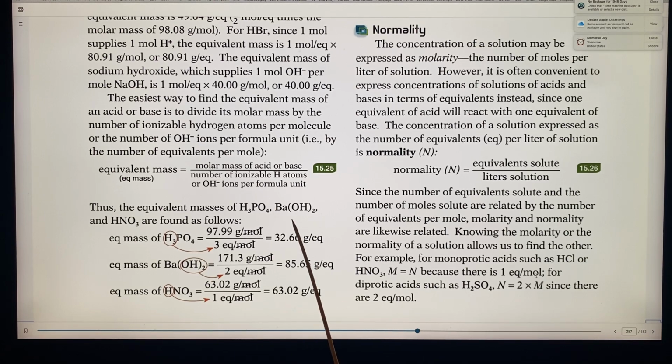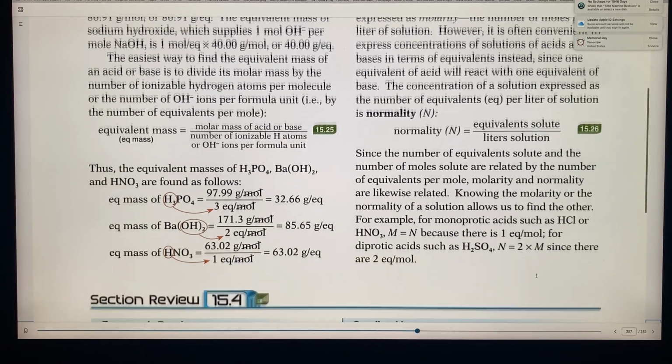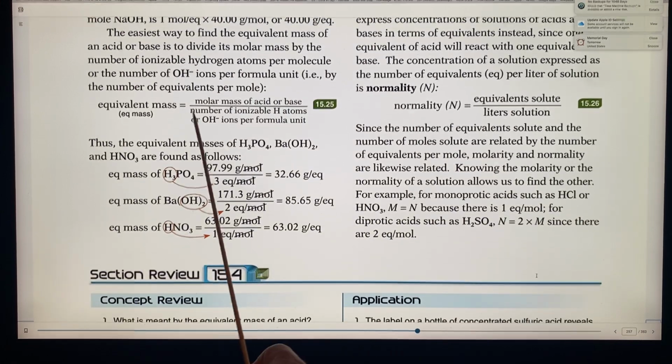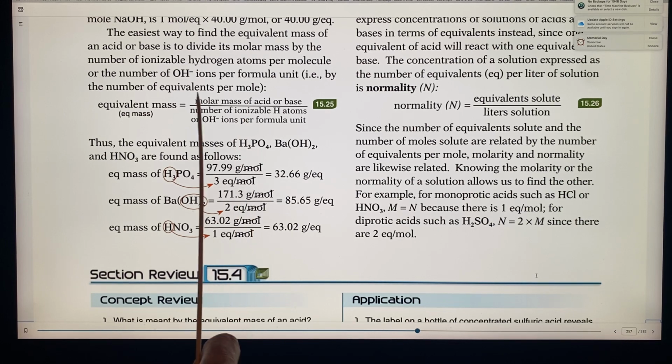Thus, the equivalent masses in these formulas, let's just go through these formulas real quick, and you can see why. Let's just glance at them, because here you have 3 hydrogens. So you're going to take the molar mass, and we can add it up from our periodic table, finding the atomic mass of hydrogen, phosphorus and oxygen.